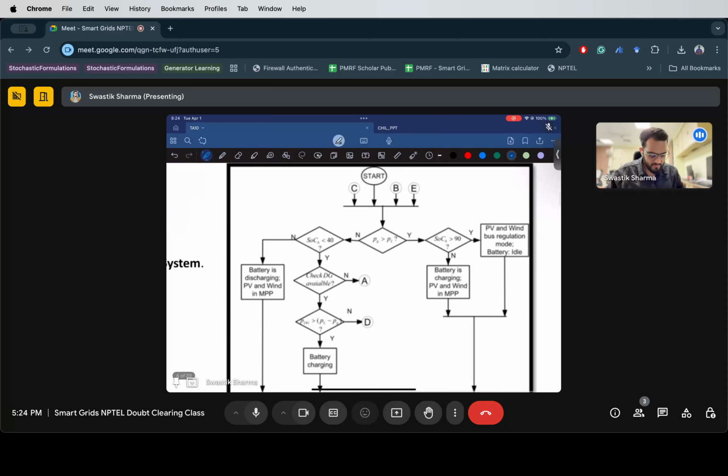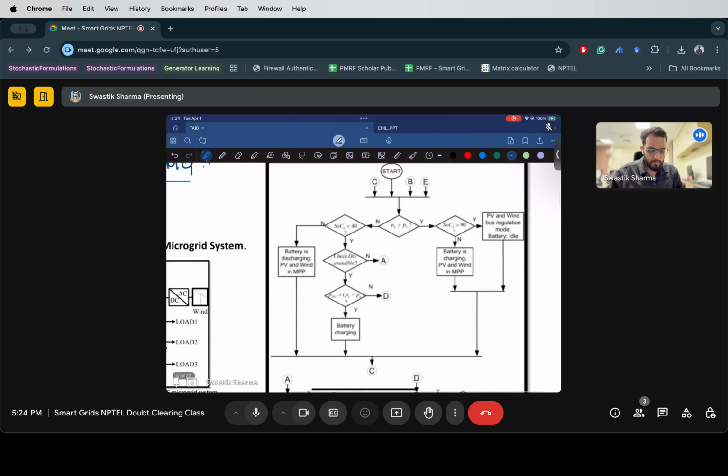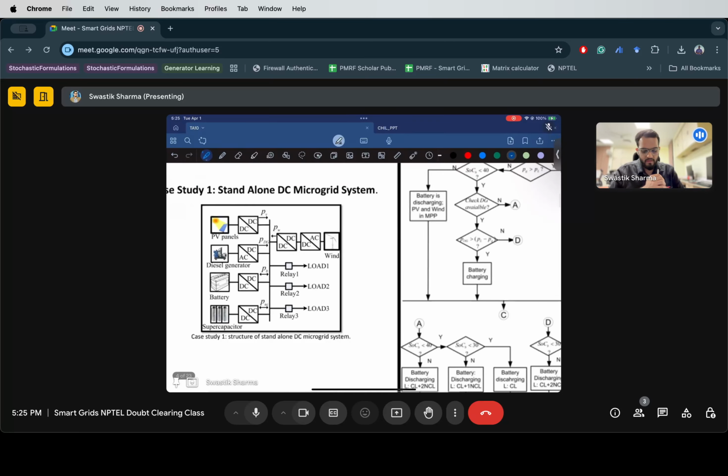So what we are doing here is, based on how much power the grid is supplying and how much the load is, we determine what the actions of our batteries will be, because the battery here will provide you the ability to control your DC microgrid in such a way that you are able to supply your load without doing any load shedding.